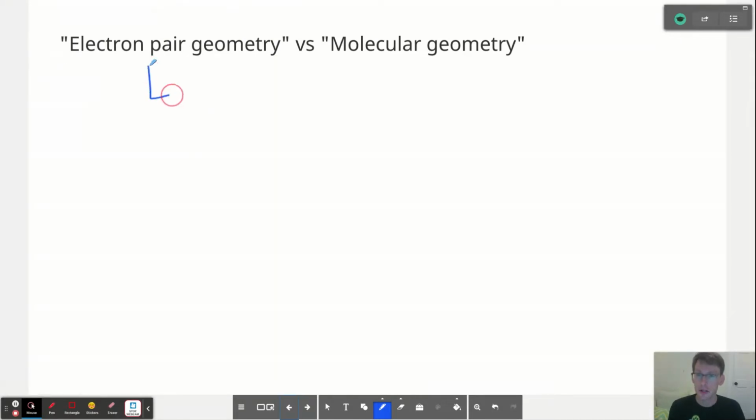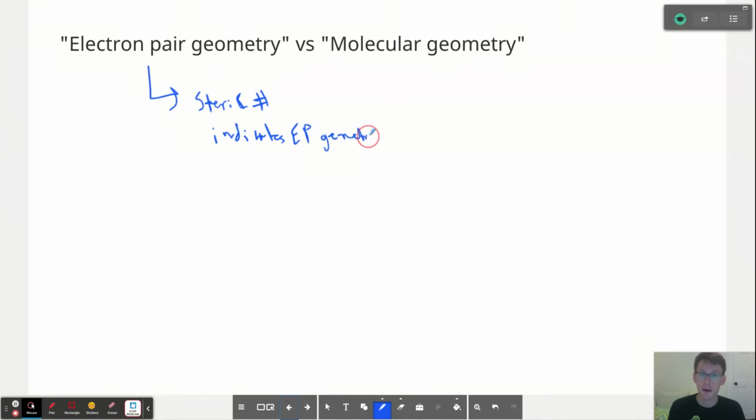Electron pair geometries, it doesn't matter whether we're talking about lone pairs or bonding. Just the steric number. The steric number indicates the EP, the electron pair geometry.